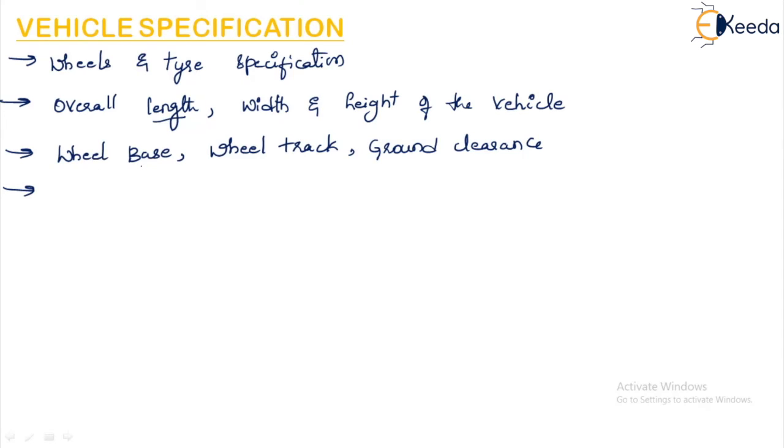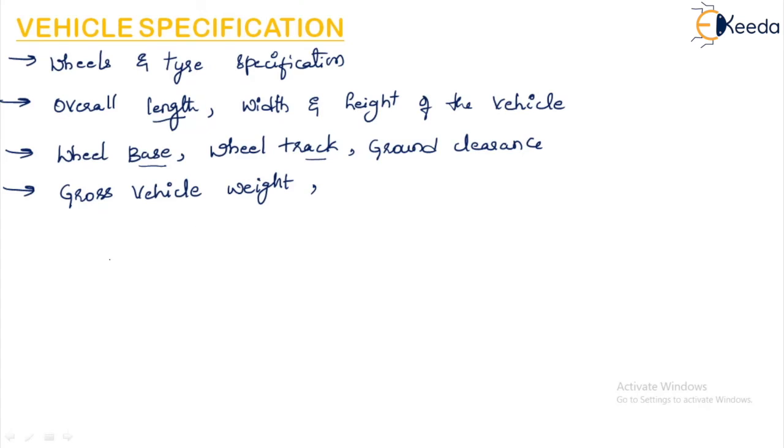In that also there will be the wheelbase, then wheel track and the ground clearance we have to consider. Then we have the gross vehicle weight. So weight of the vehicle is also a consideration for specifying a vehicle. Gross weight.